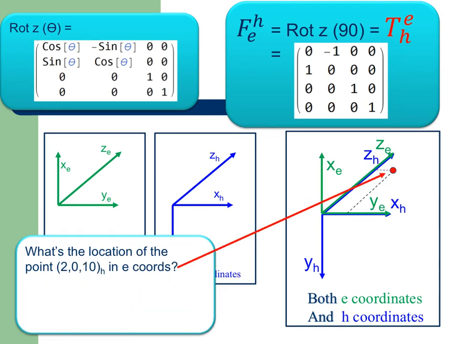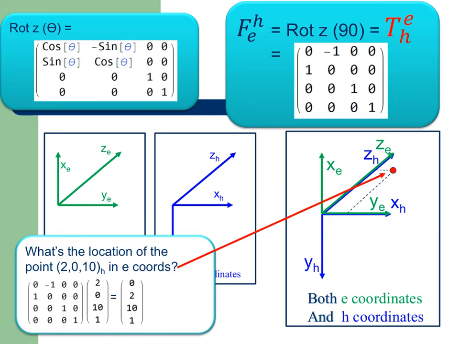So let's just do another sanity check. Here is the point 2, 0, 10 in H coordinates, right? And let's see what we get when we transform that into E coordinates. So again, I multiply my point by that transformation matrix. And here's what we get.